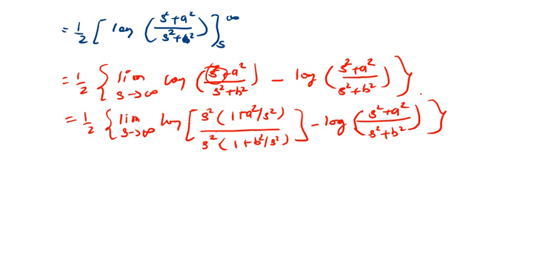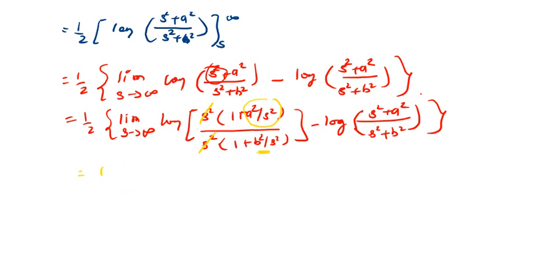Now if you observe here, this term will get cancelled, and as s tends to infinity, this term will tend to 0, means this term will be 0 and this term will be 0. So what remains, log 1, and log 1 is 0. So this will be 0 minus the term here.